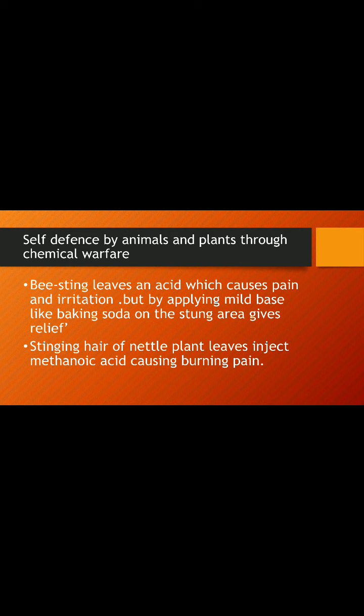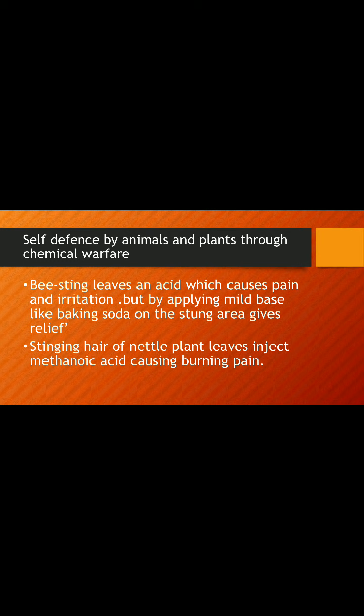And even animals and plants use acids for defense. For example, a honey bee sting leaves an acid which causes pain and irritation. But it can be neutralized by applying a mild base like baking soda on the stung area, which gives relief.